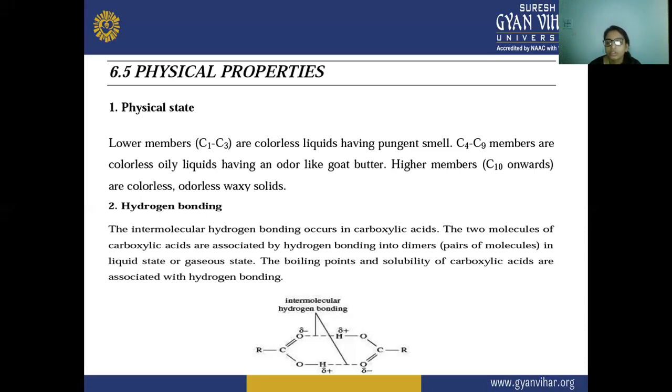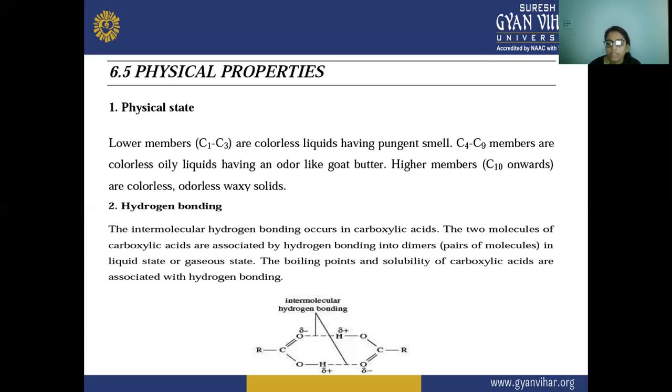Thirdly, the higher members are colorless, odorless solids. So the higher members are present as solids and the lower members as liquids, but all the carboxylic acids are colorless.